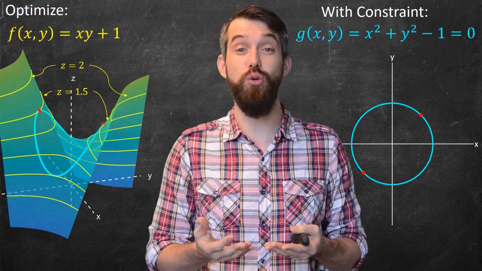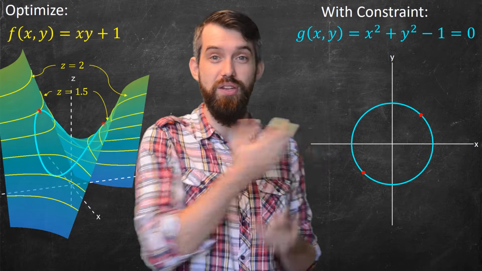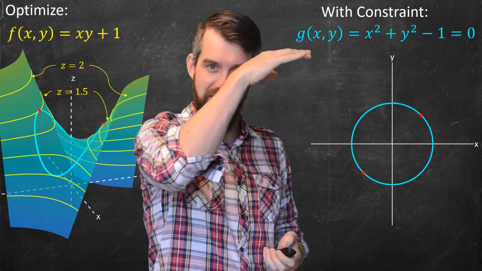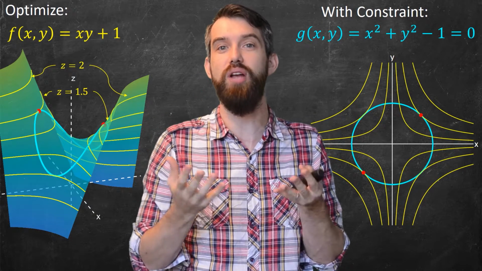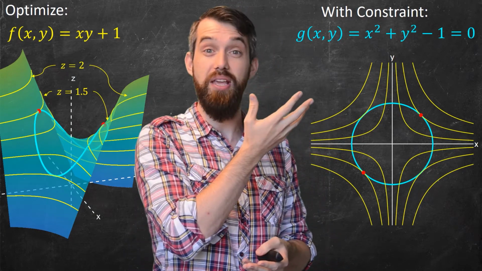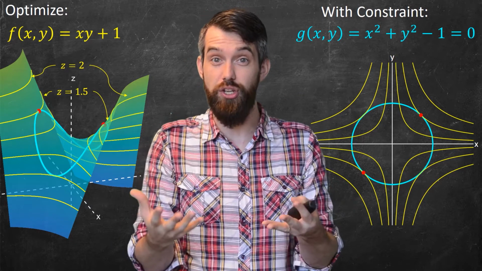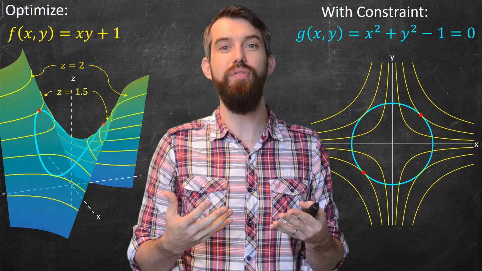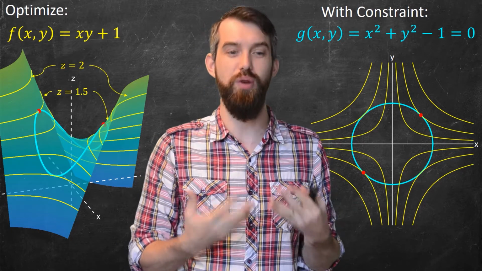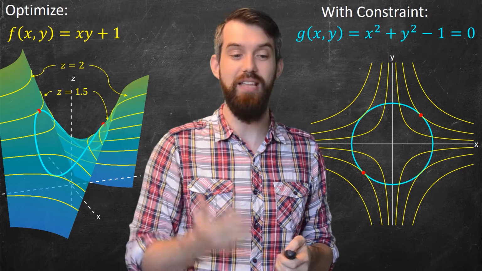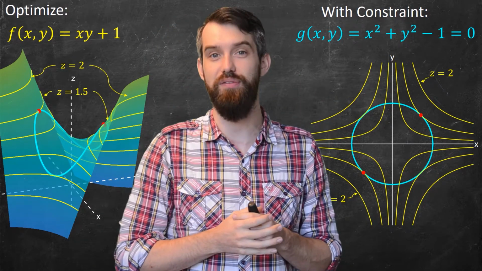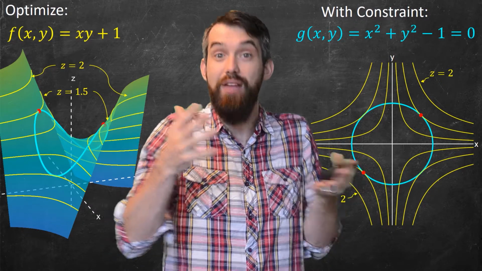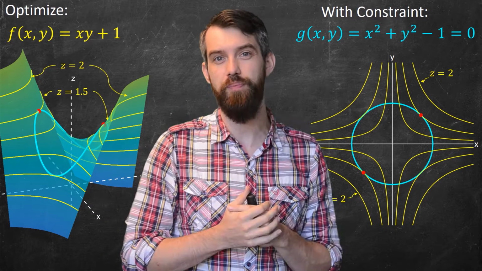And then if I want to, I can look at what these look like in the domain as well. If I take the bird's eye view and I look straight down, then I get this similar kind of effect. So I've got my blue circle, the restriction, and then the yellow curves are the level curves of the original function. For instance, z equal to 2 looks like two pieces of these curves, and z equal to 1.5 is moving in a little bit, and so forth.